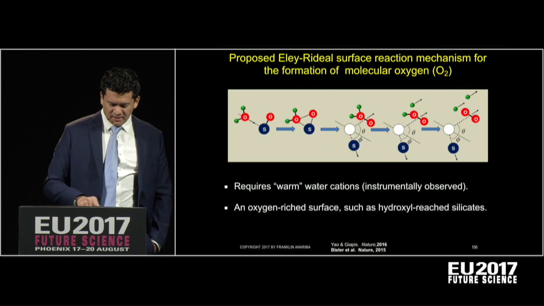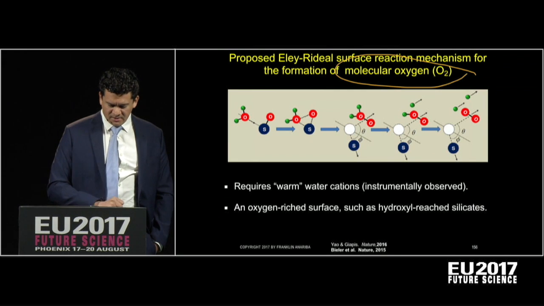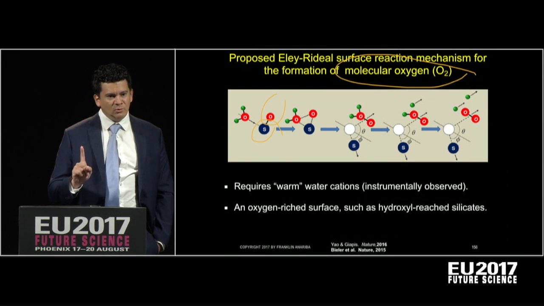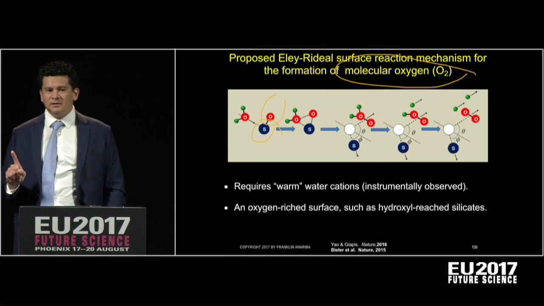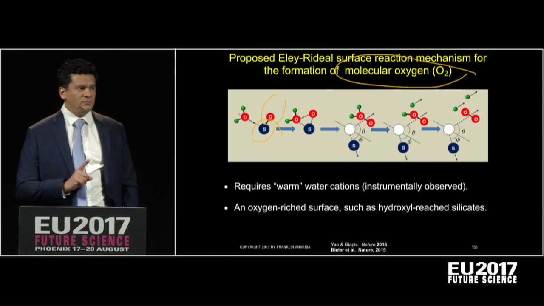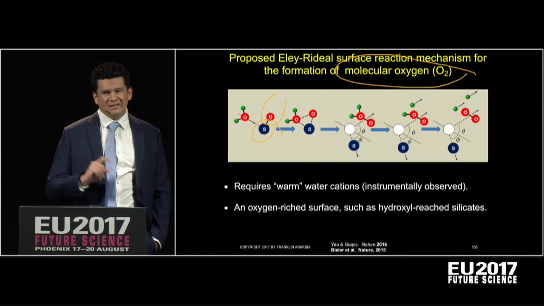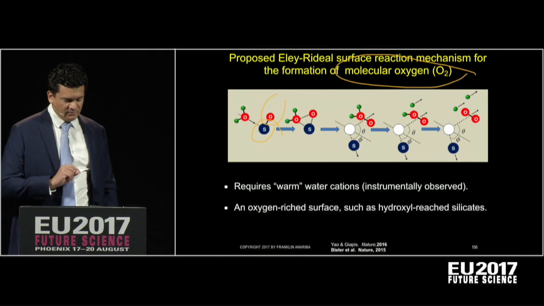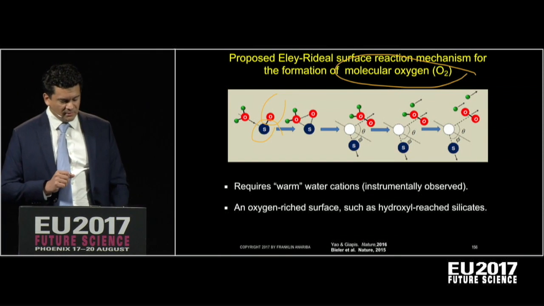Now, I'm almost at the end here of my talk. This is another example. This is for molecular oxygen. It follows a similar idea. You have a surface here, but this surface now is rich in oxygen. Now, that we know. Right? We know silicates will have hydroxyl groups on the surface. We also have oxides, so that we know is correct for 67P and for all the comets.